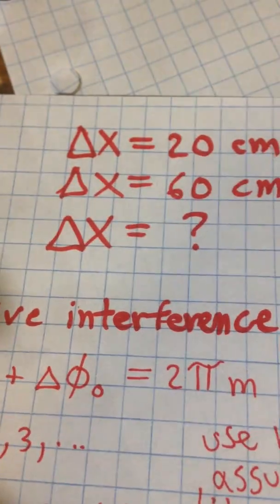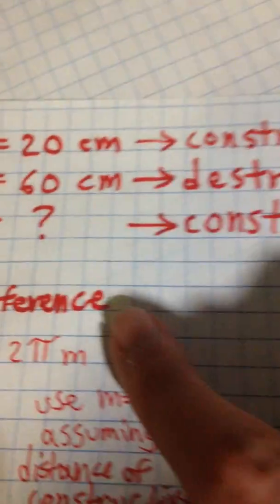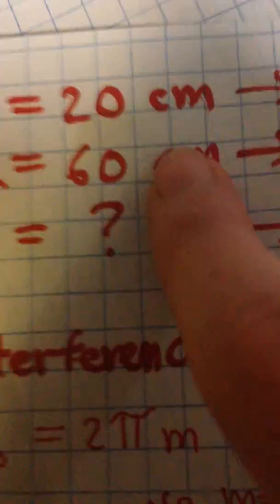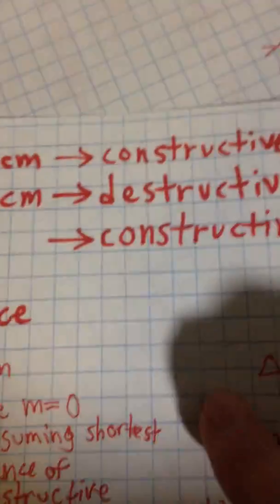And we have two equations to deal with this situation. Well, first we can clearly state at 20 centimeters, constructive, 60 centimeters destructive.